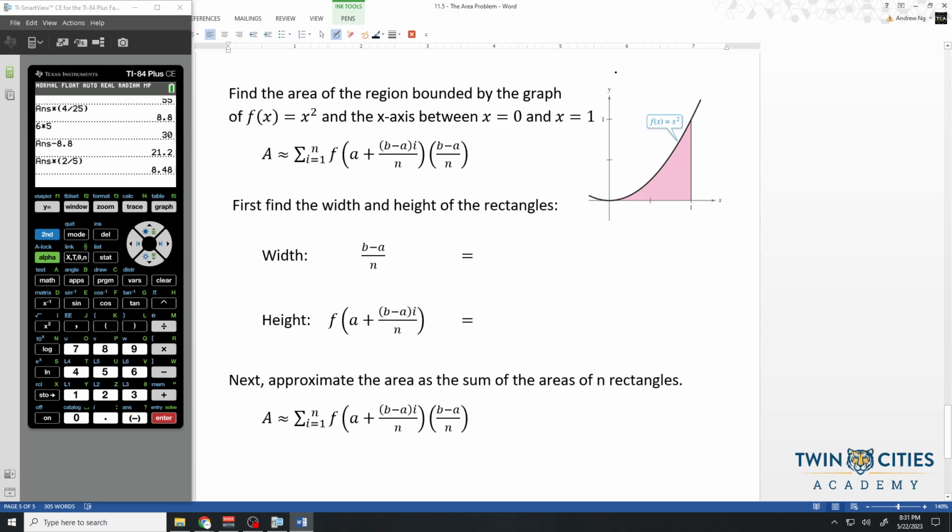What is b? Well, a is 0, and b is 1. So I'm going from 0 to 1. Then the width, b minus a over n, would be 1 minus 0 over n, or just 1 over n.